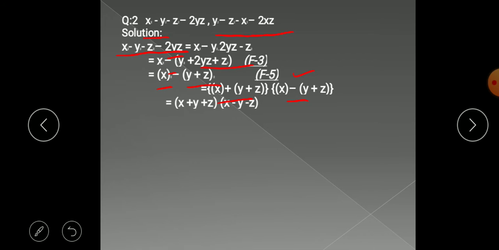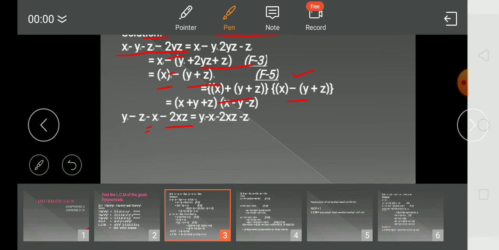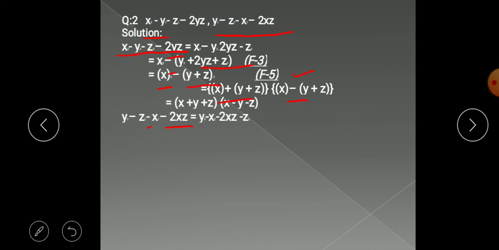Now the factor form of the second expression will be by the same method. I have rearranged the terms. Minus 2xz I have written between these two terms, and just see, y square minus x square minus 2xz minus z square.